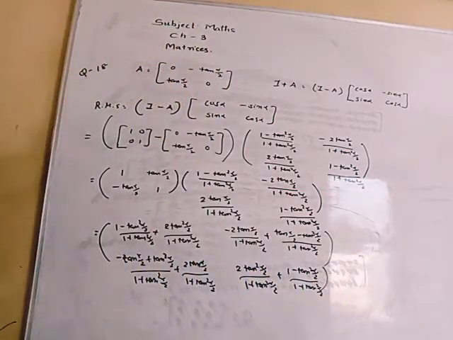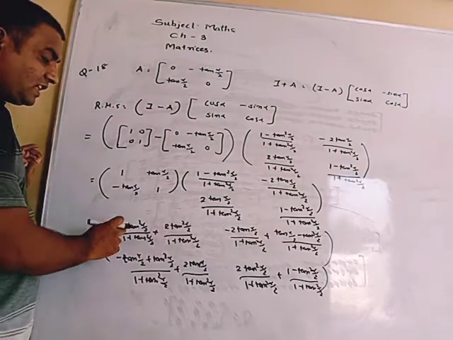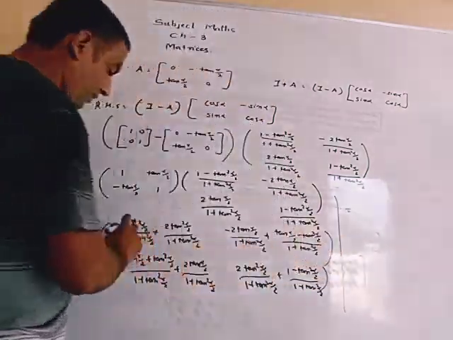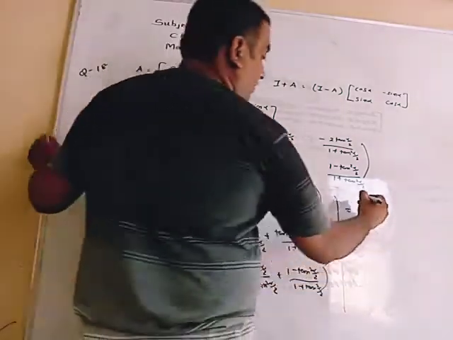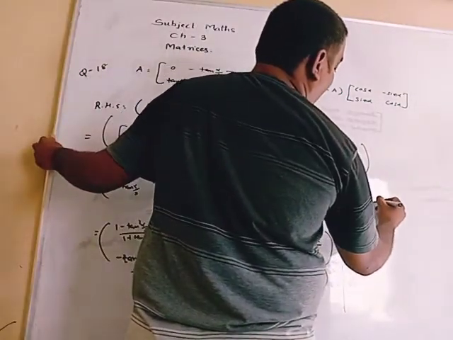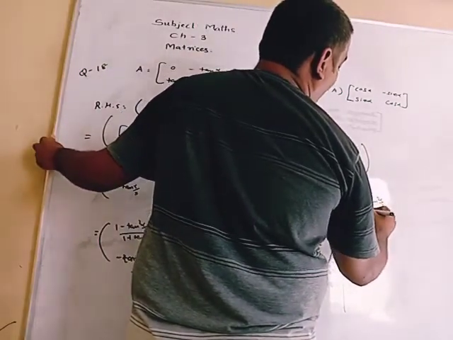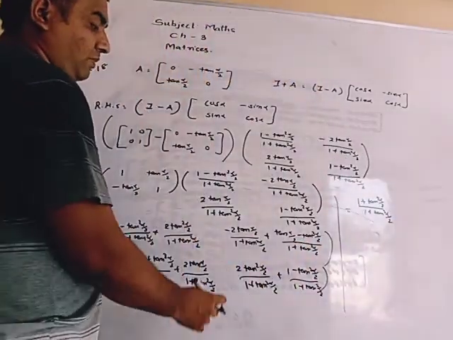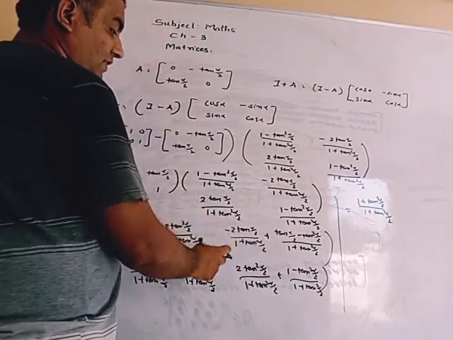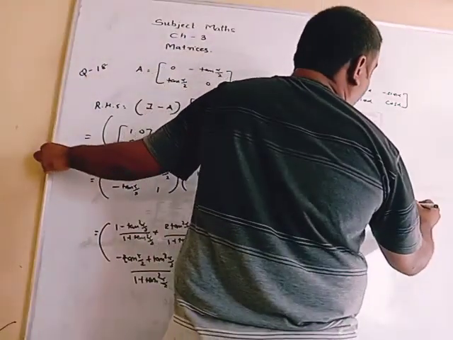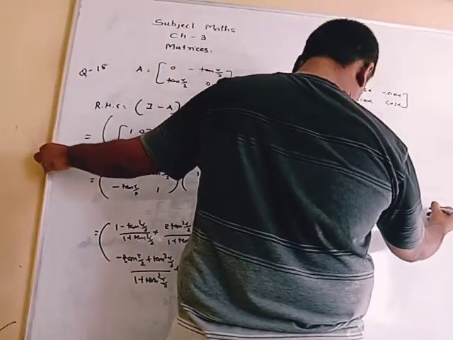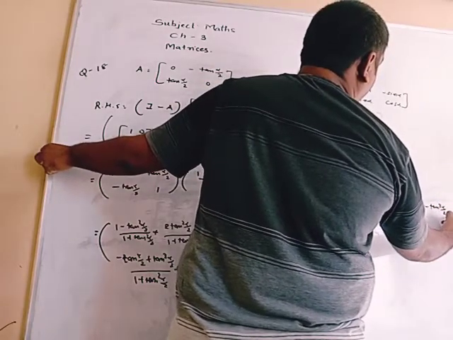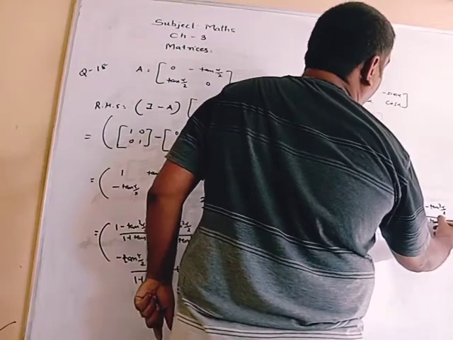Now we simplify. You can see that 1 minus tan square plus 2 tan square gives 1 plus tan square alpha by 2 upon 1 plus tan square alpha by 2. In the second column, minus 2 tan plus tan gives minus tan alpha by 2 minus tan cube alpha by 2 upon 1 plus tan square alpha by 2.